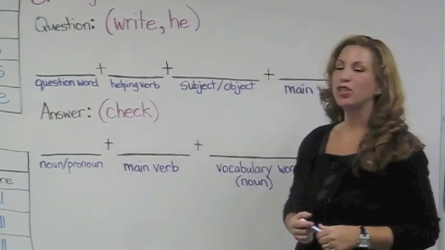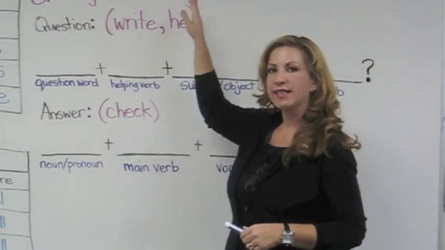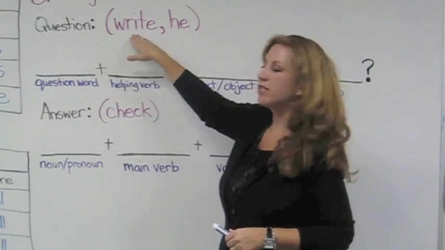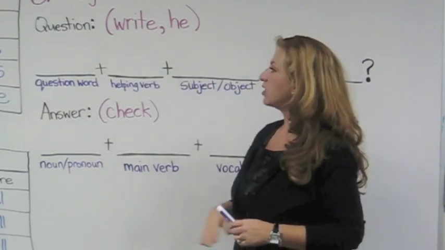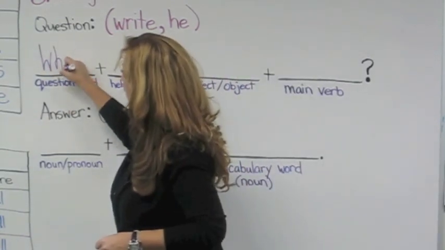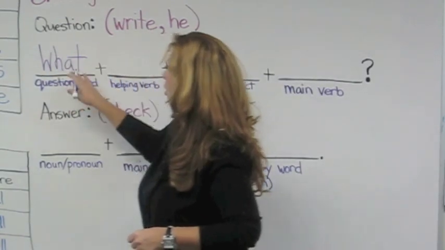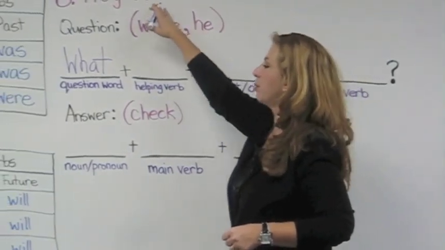Okay, now we're going to do problem 6. Problem 6 is in the progressive tense, and our verb is going to be to write, and our pronoun is going to be he. So let's begin with our question word. What? What, and our helping verb is going to be according to he in the progressive.